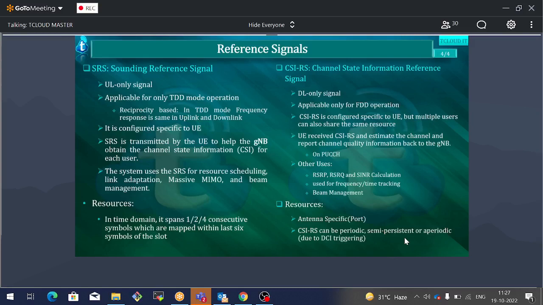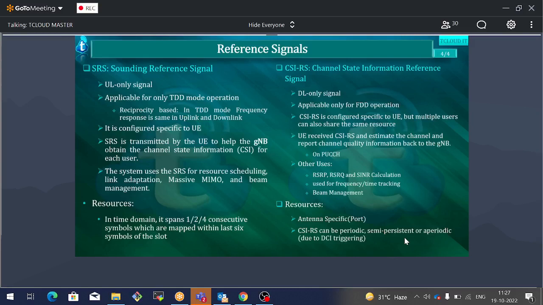If you are using 4 antennas in downlink, all the antennas might be containing CSI-RS signals, but at different, non-conflicting positions, so that the mobile would be able to estimate the path-specific channel state information specific to that antenna, and convert that information into a matrix. Because from each antenna to each of your antennas, the channel propagation would be different. So to estimate that, CSI-RS must be antenna specific.